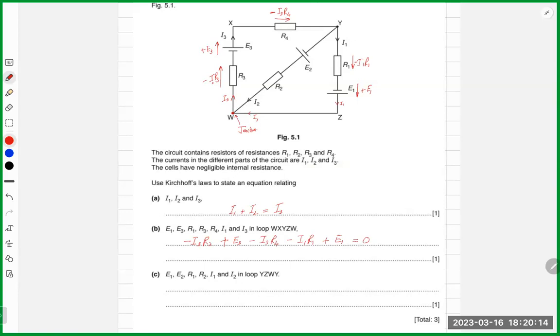So this is one way of solving this one. And you could do the other one as well.